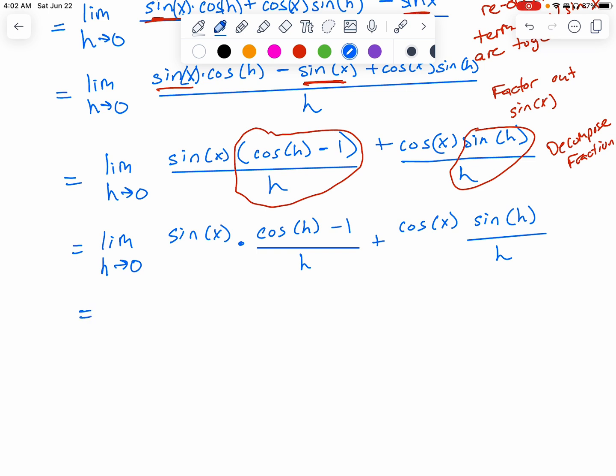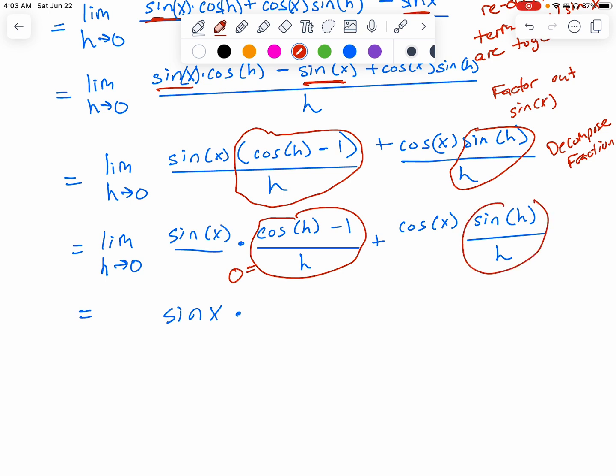So the limit as h goes to 0 of sine of x, this piece, sine of x, the limit of that is just sine of x, right? There's no h in there, so I can't substitute an h. So the limit of a constant, or sine of x, is just sine of x. The limit of the second piece, this thing, is 0.